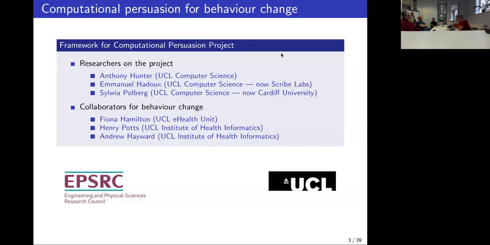The original project was with Emmanuel Hadoux and Sylwia Polberg, two computer scientists who've now moved on. And we had the benefit of input from some experts in behaviour change: Fiona Hamilton, Henry Potts, and Andrew Hayward. I'd heard about behaviour change, which is quite a big thing in healthcare, in government, and so on.